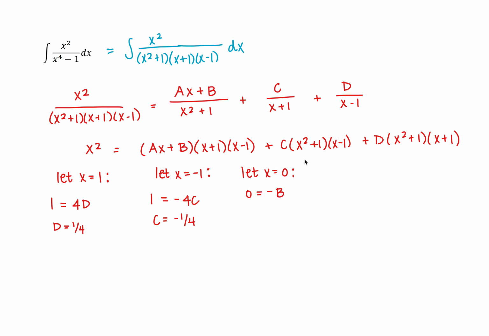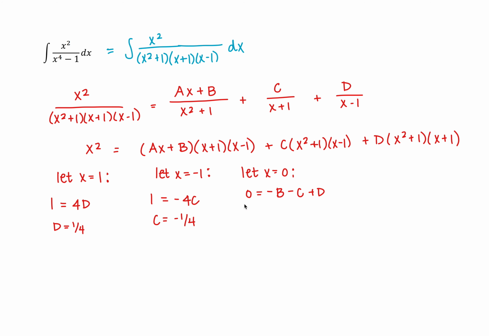Then I have 1 times negative 1 in front of c, so that's going to be a negative c. And then 1 times 1 plus d.